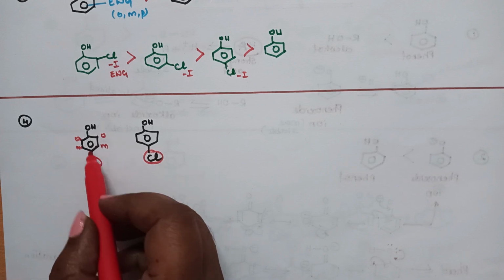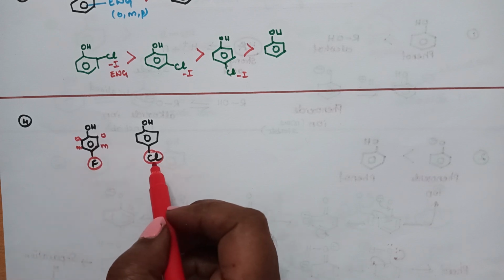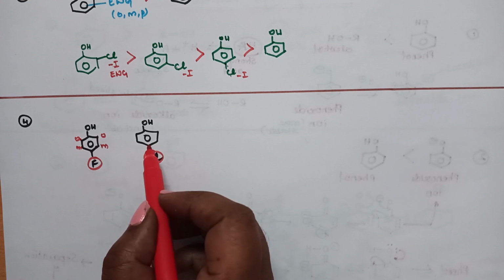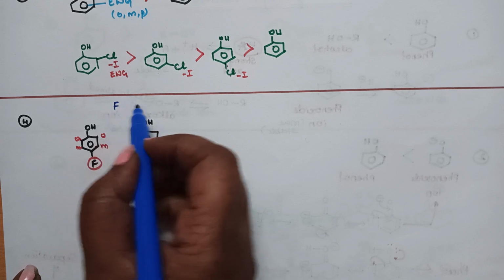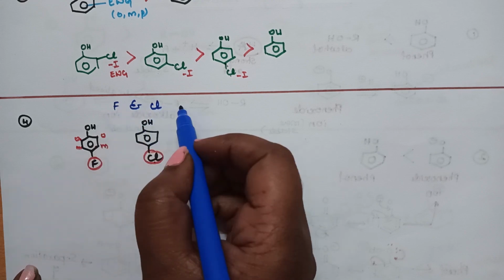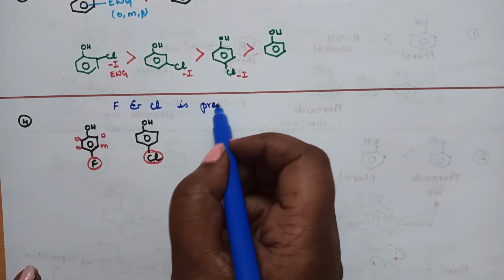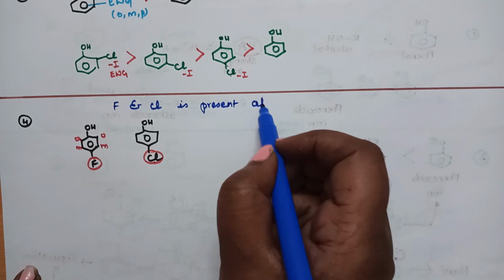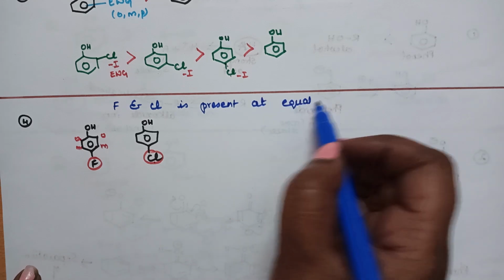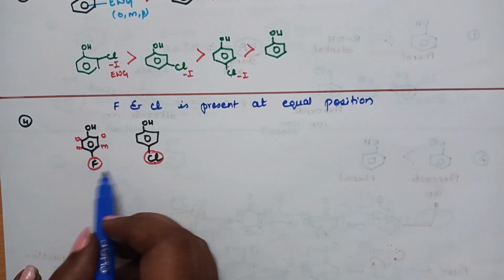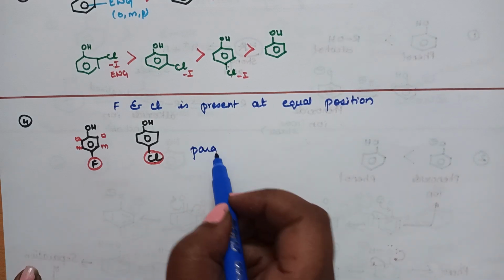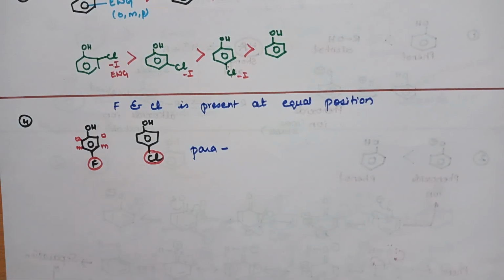So F is attached at para position and here Cl is attached at para position. If F and Cl is present at equal position, so here what is the position? Position is para. So both are present at the para position.